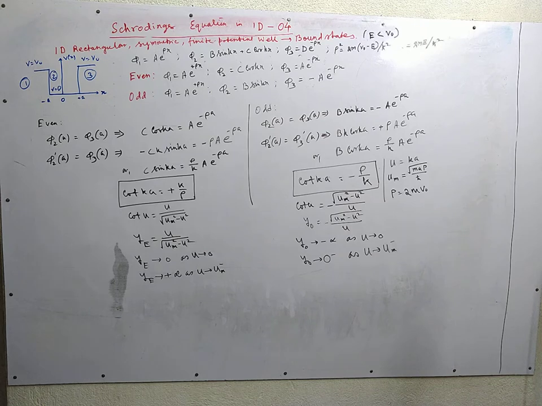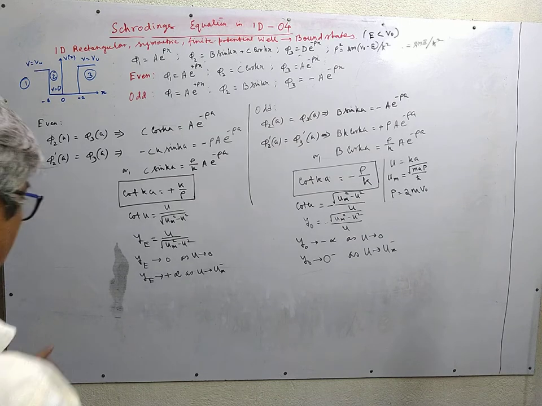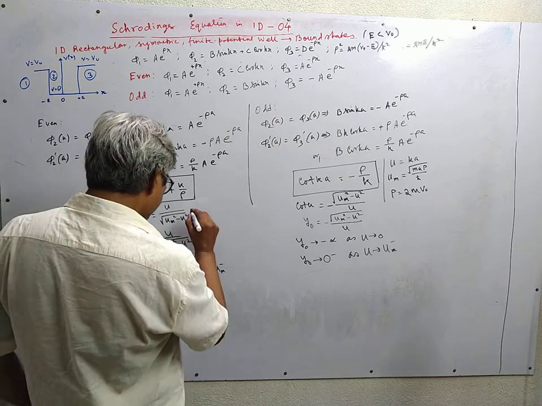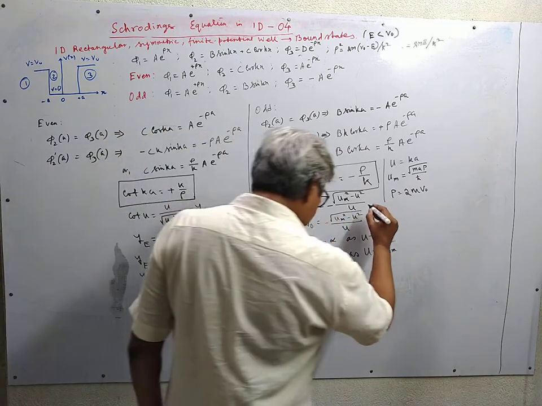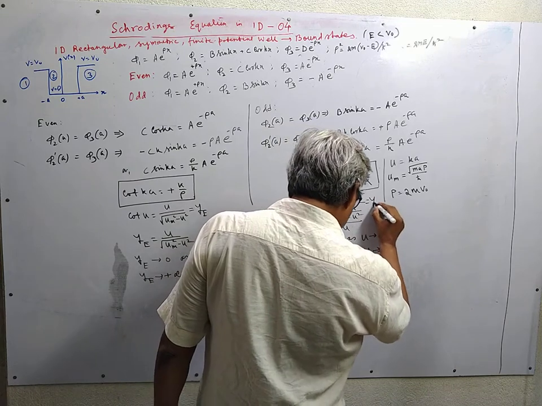Now in the case of the infinite potential well, we got the solution in closed form, by putting the condition that either cos ka has to be 0 or sin ka has to be 0. Here the situation is not like that. So to get the energy eigenvalues, we have to solve these transcendental equations: cot u is equal to y even, and cot u is equal to y odd.